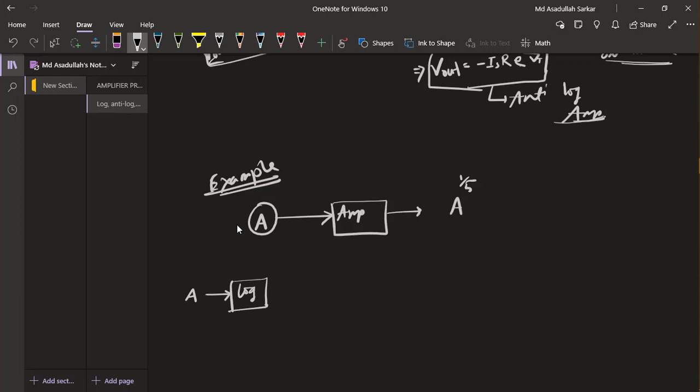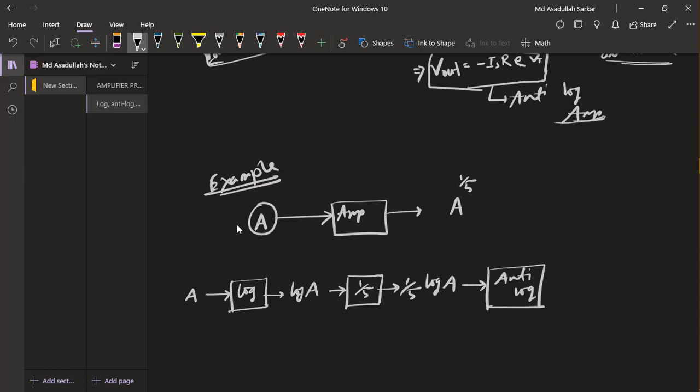Our output will be log a, and we just need to multiply by a factor of 1 by 5. So the output will be 1 by 5 log a. Now if I use an anti-log amplifier, then the output will be a power 1 by 5. Clear?